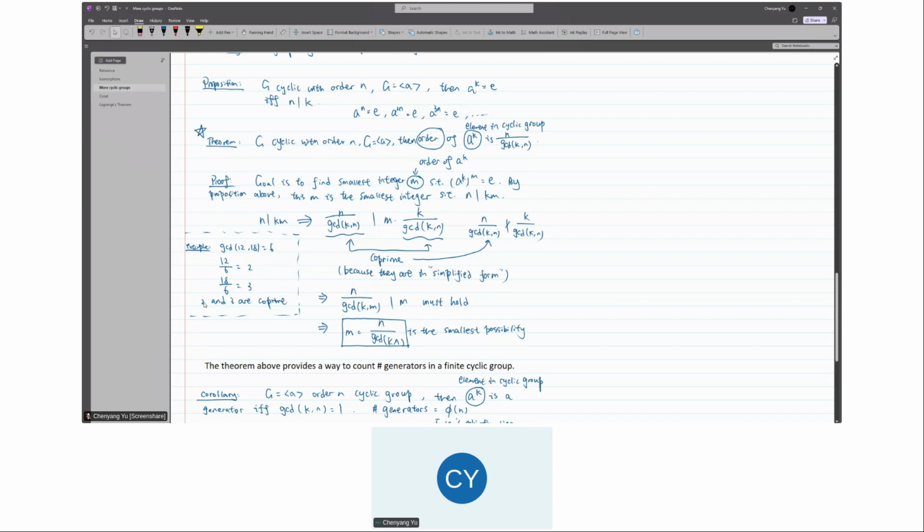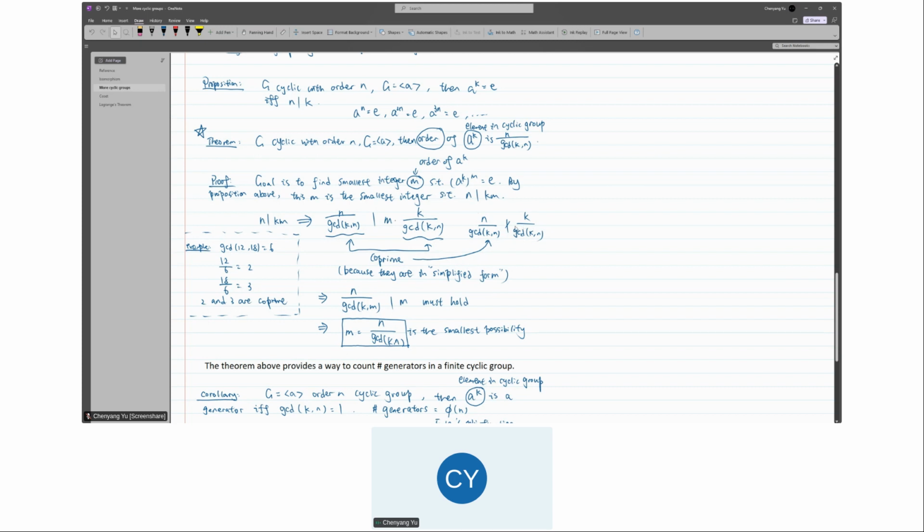So basically 2 is n divided by this GCD chunk, and 3 is here. So they are co-prime. Being co-prime is the same as saying they don't divide each other.